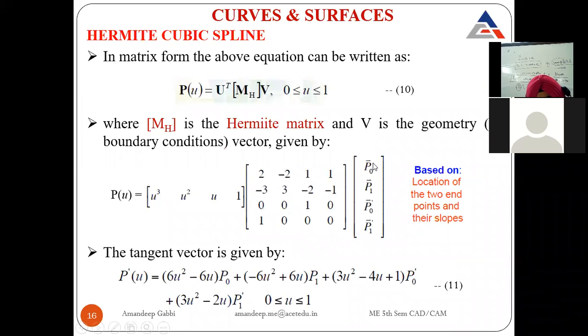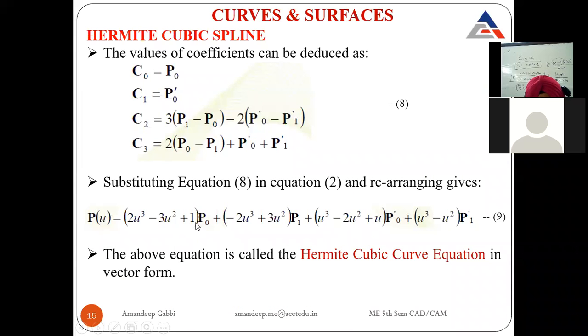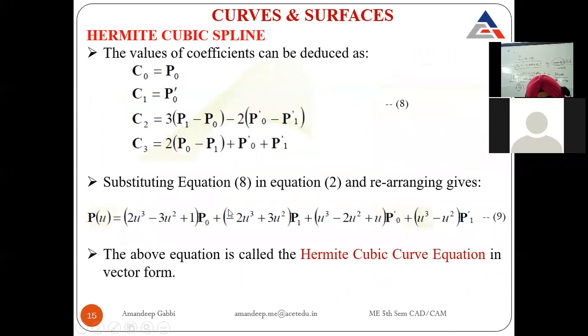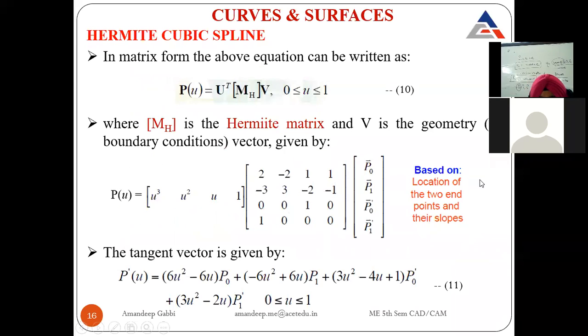Then P0, P1, P0 dash, and P1 dash, writing it like this. What we have done is we have again split this up and written it in the form of a matrix. Just writing that equation into the matrix form.